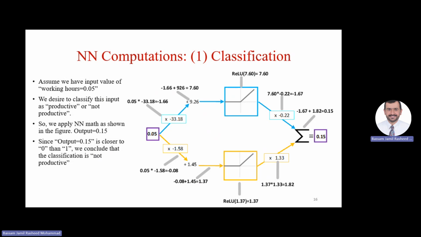So assume that we have working hours of 0.05. That means he barely worked, so I'm assuming the productivity will be low. It doesn't go all the way to 1, which is 100%. So let's evaluate 0.05. I have here an input of 0.05. We multiply this 0.05 with this weight, add the bias, and we get a result of 7.6.